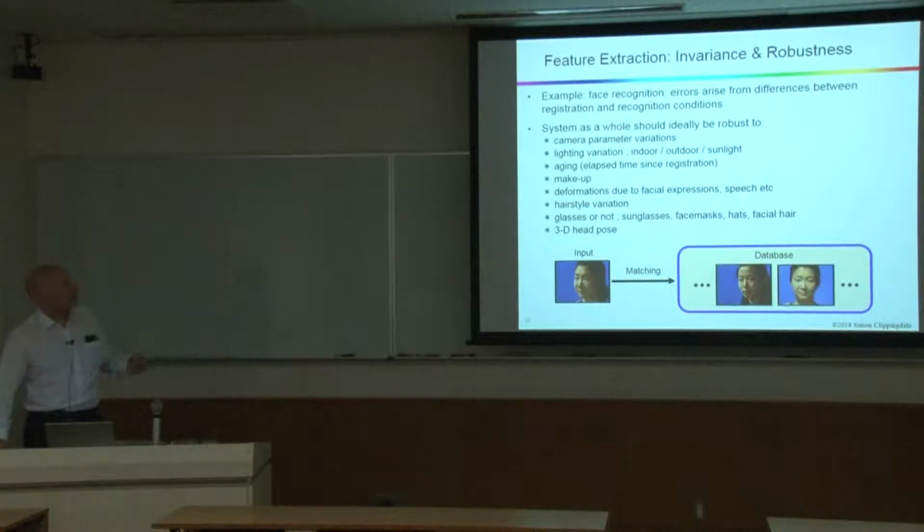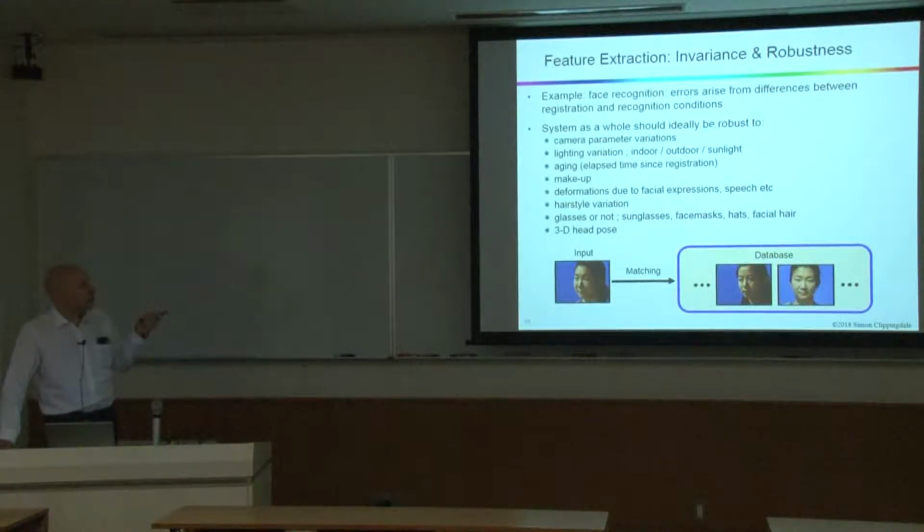So, talking about invariance and robustness, again using face recognition as an example, most errors in face recognition systems arise because of differences between the conditions under which someone was registered in the database and the conditions under which they appear and you try to recognize them subsequently.